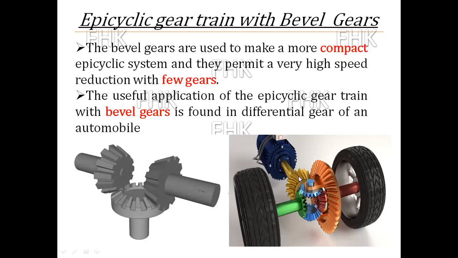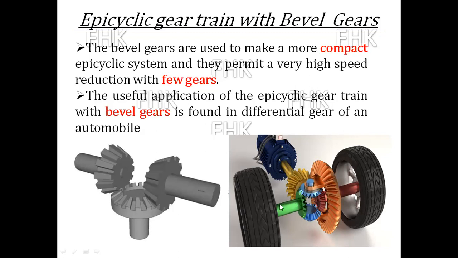The power reaches this bevel gear from the engine through the propeller shaft and gearbox. This power is given to this wheel, and this whole assembly of the epicyclic gear train is called the differential, which is enclosed in an automobile.